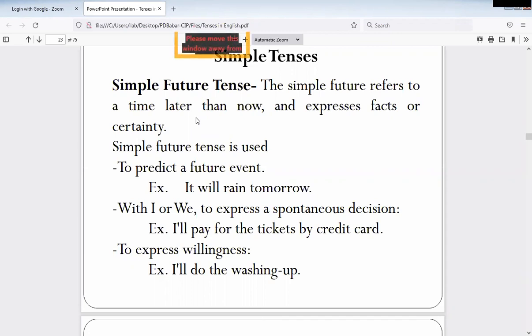Here, for will, we have used the short form, I'll, I dash double L. So for expressing a spontaneous decision, we use the simple future tense.